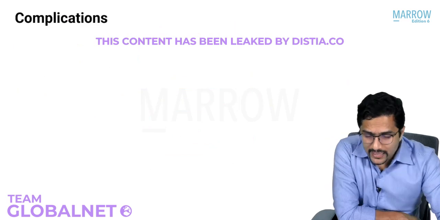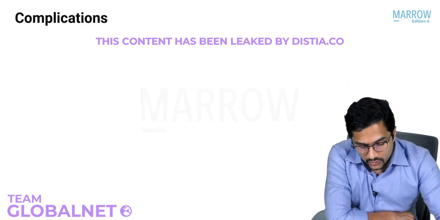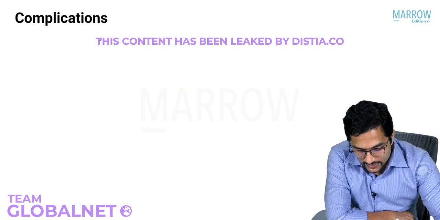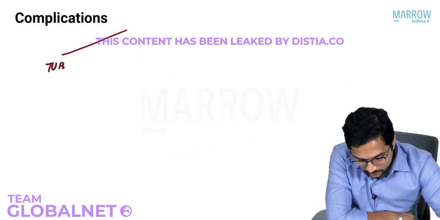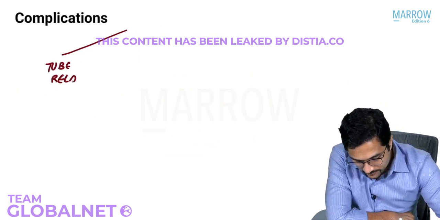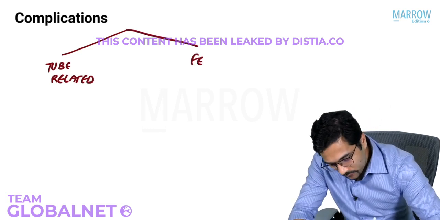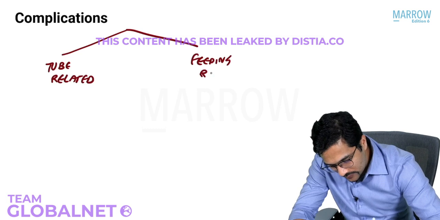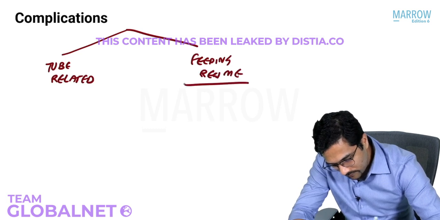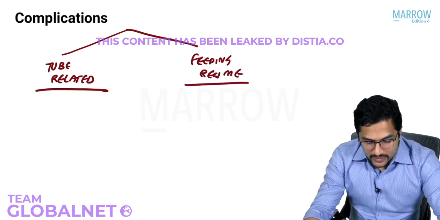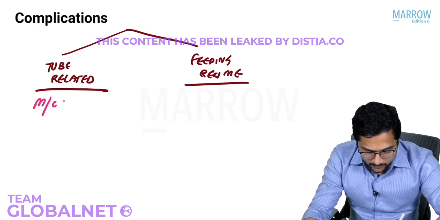Now, what are the complications of enteral nutrition? The complications of enteral nutrition can be divided into tube-related complications and feeding regime-related complications. Tube-related complications are the most common overall.